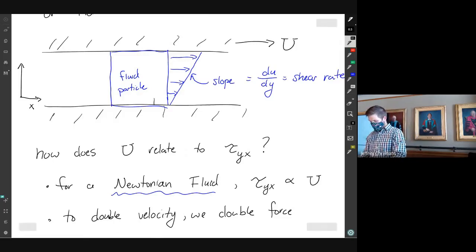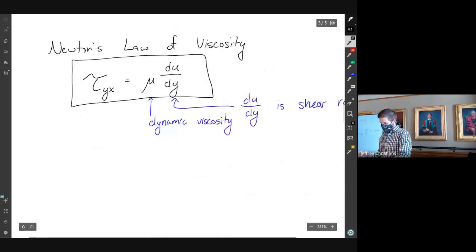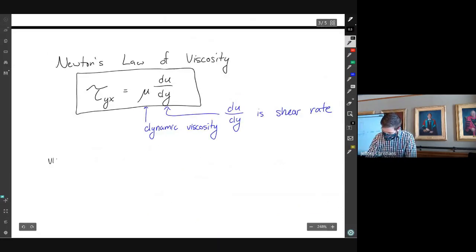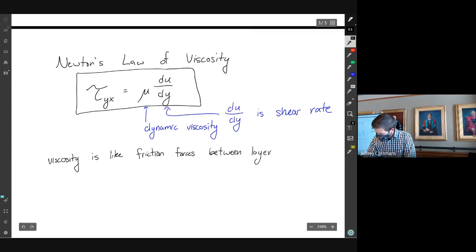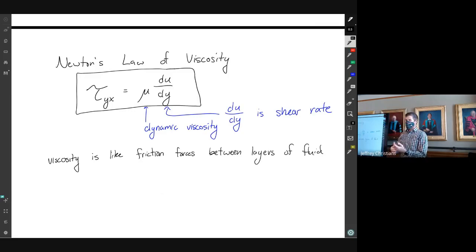So viscosity is going to be something that's physically what it is, right?